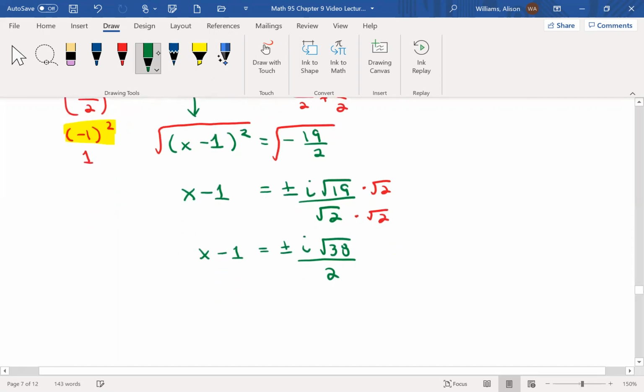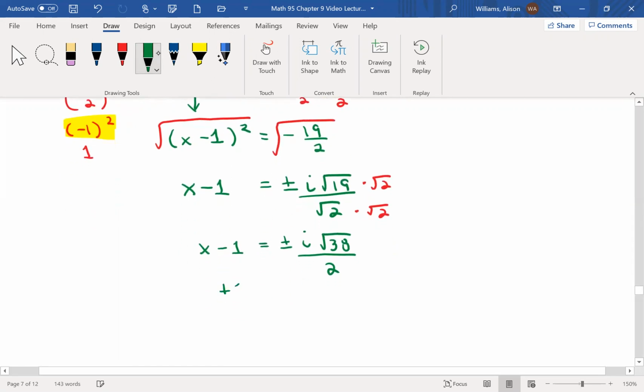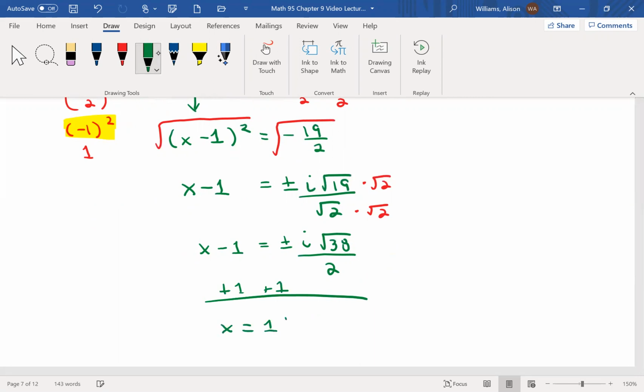Okay, so last step here is to add the 1. And x will equal 1 plus or minus i radical 38 over 2. Now, another way to write this answer, and this is, by the way, probably how your teacher is going to have you input the answer, is to put the i at the end.